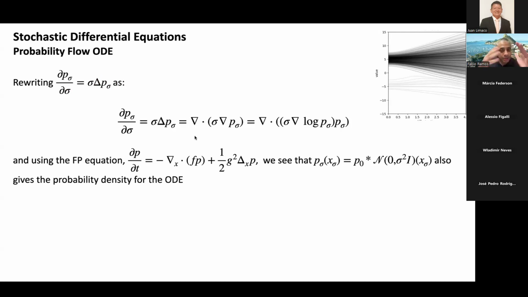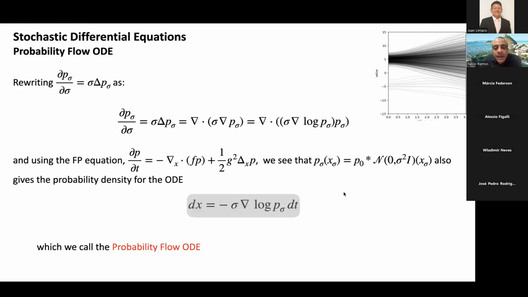And then I just check what I'm doing here. So the divergence here, so the divergence here. And then I just compare. And then we see that actually the marginal distribution, because it solves this equation, it's also related to the solution of this ODE. So it's the Fokker-Planck just looking at the deterministic time.